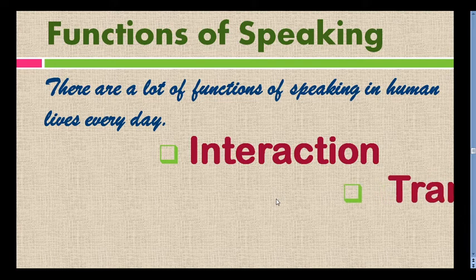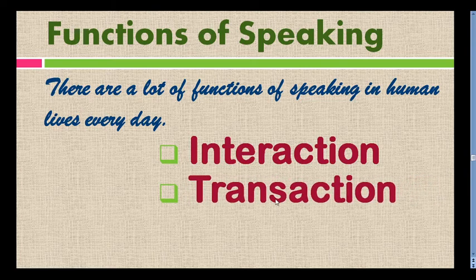The second one is transaction. The role of speaking as a transaction is to make someone understand the message that we want to give to him or her. The focus of this type of speaking is giving and receiving information and obtaining goods or services.